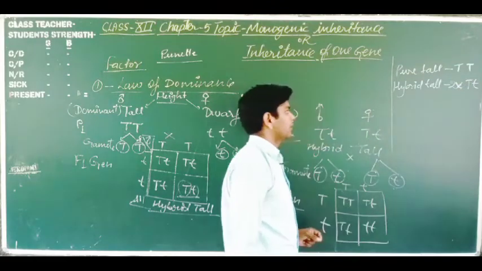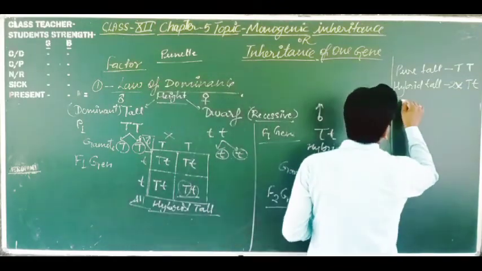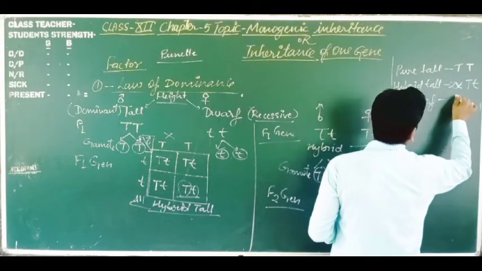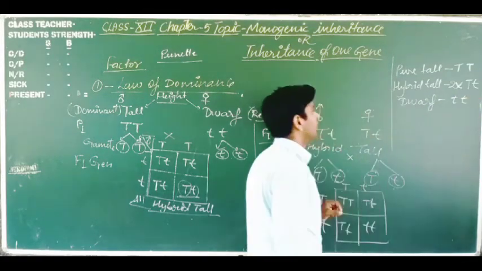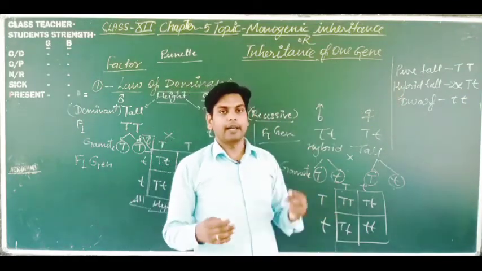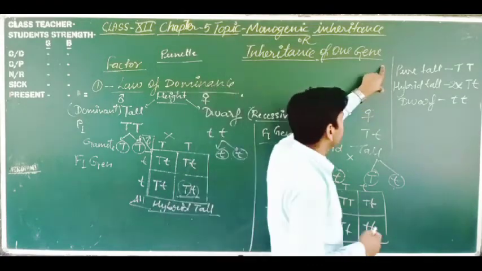I am writing it like this. So 2 are hybrid tall, and the next one is dwarf. How many are dwarf? Dwarf is only 1.